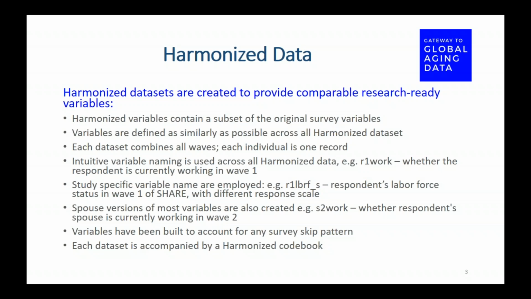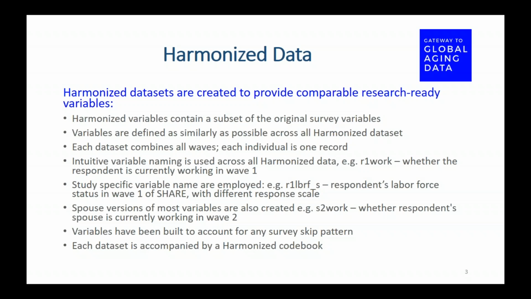We also use study-specific variable names. Of course, not all survey measures are comparable across all harmonized surveys, and so in that case, we don't give them exactly the same variable name. So for instance, a variable named R1LBRF_S, or labor force status here, has an underscore S, and what that lets you know is that if you're using this variable in the harmonized SHARE, that underscore S says this variable is specific to the harmonized SHARE.